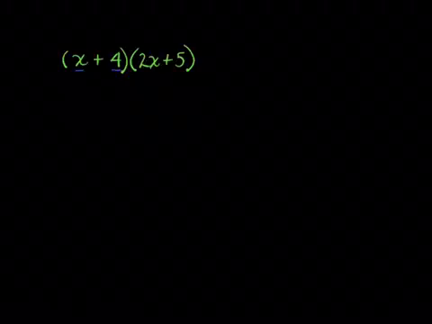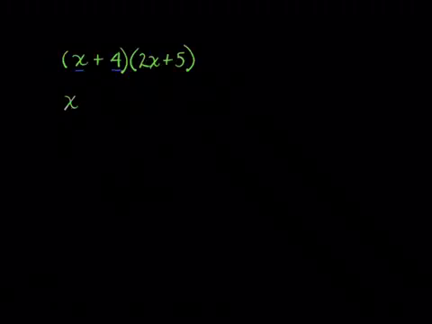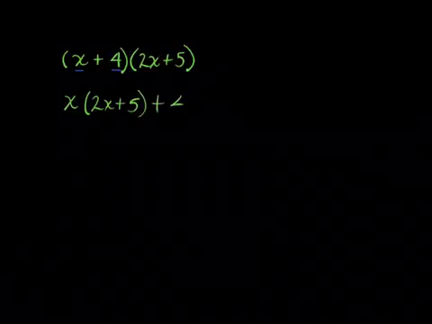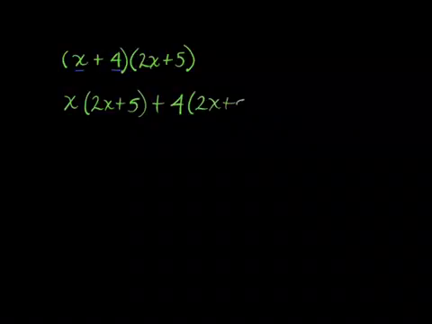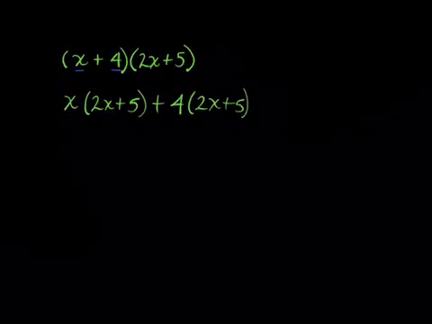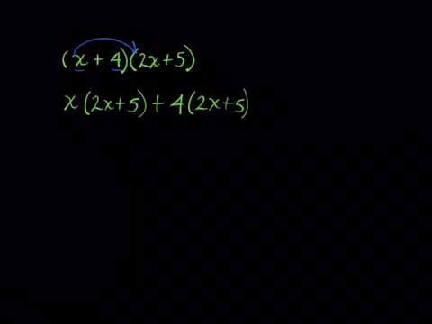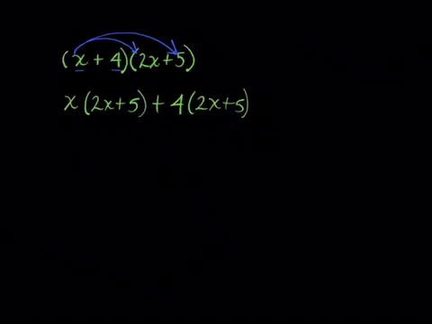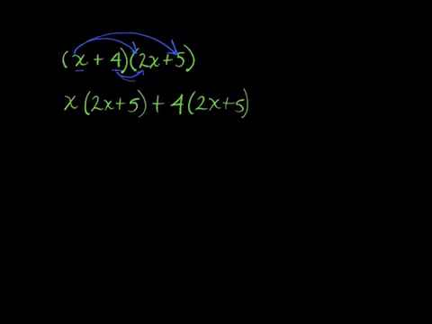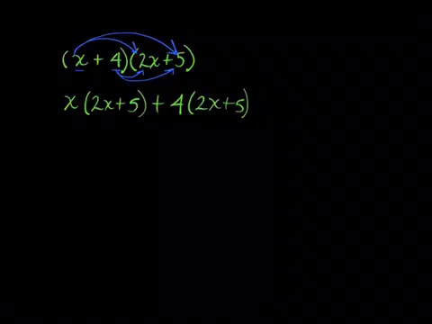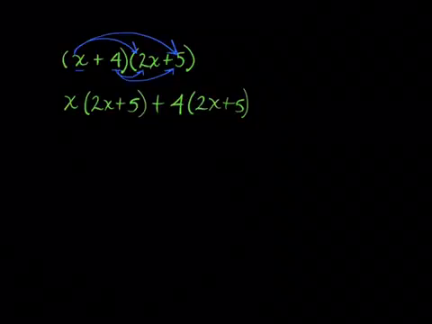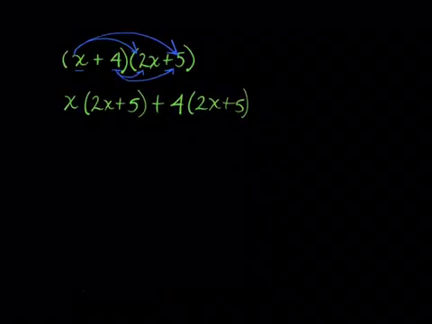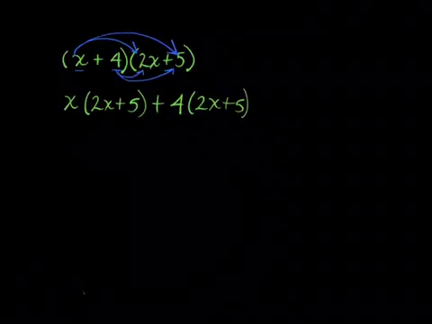And so we could write this out as x times 2x plus 5 plus 4 times 2x plus 5. So what we have done is we've taken the x and distributed it to both of the terms in the second factor, and then the 4 and distributed it to both of the terms in the second factor.